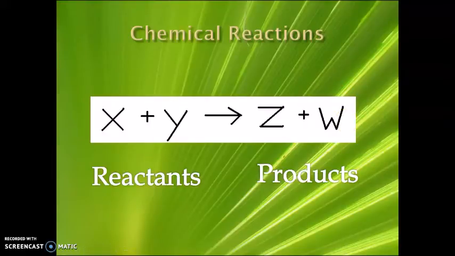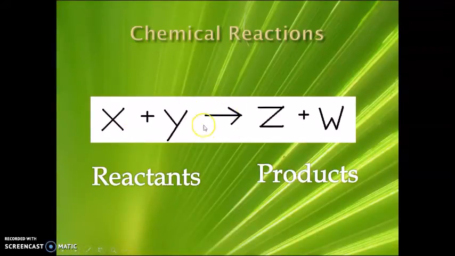So if we wanted to think about this in a simple, everyday way, you can think about chemical reactions occurring in the kitchen. Let's say that I take my reactants, eggs, sugar, milk, and chocolate, and I mix them in a bowl. Okay? Those are my reactants, my ingredients, eggs, milk, sugar, and chocolate.